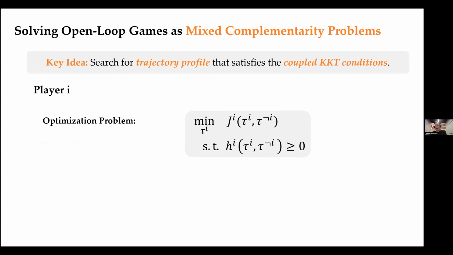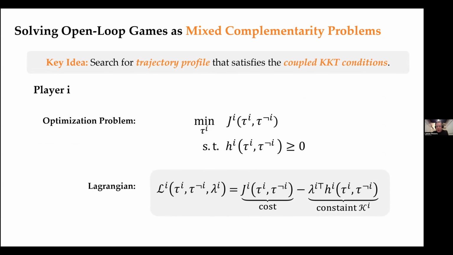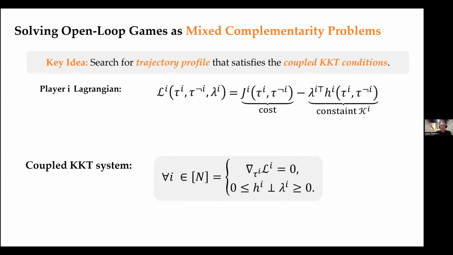And then taking this view, we can introduce the Lagrangian for this optimization problem of player i, which is simply the cost minus lambda transpose times the constraints, where lambda is the dual variables that we've introduced. So it has the same dimension as the vector valued constraint h. And so with this Lagrangian, we can now formulate the coupled KKT system of this open loop generalized Nash game. So the coupled KKT system is as follows.